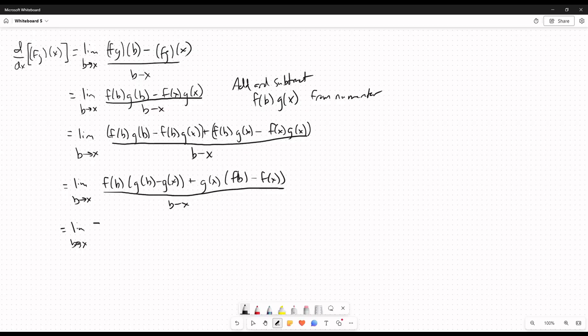So we're going to have the limit of, well, first we'll have f of b times g of b minus g of x over b minus x, plus the limit as b approaches x of g of x times f of b minus f of x over b minus x.